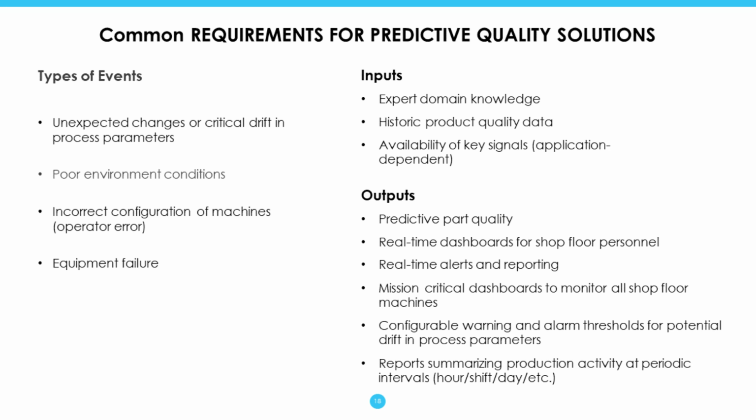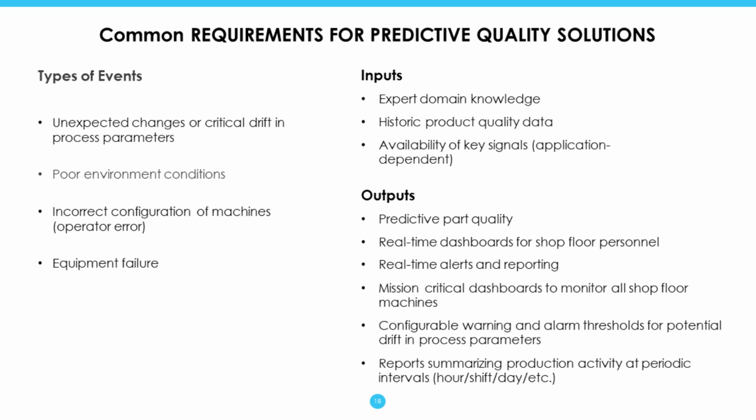Sometimes machines may not be configured properly. Maybe the recipe or the NC program on the machine may not have the proper settings, or it might be a human-induced error. And equipment degrading or potentially failing may also lead to quality issues on the part that is being produced.